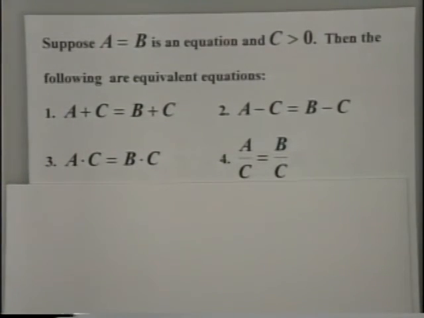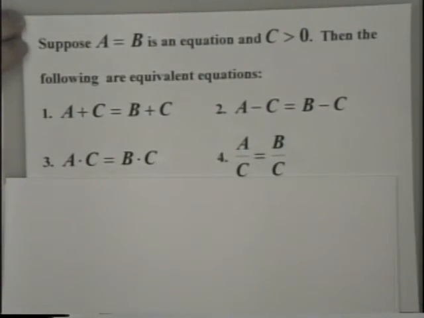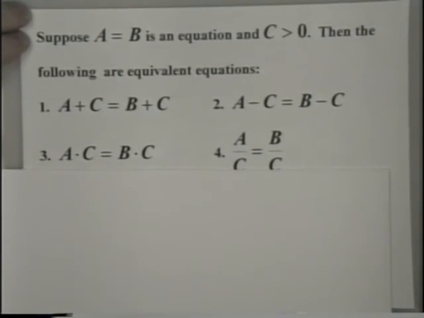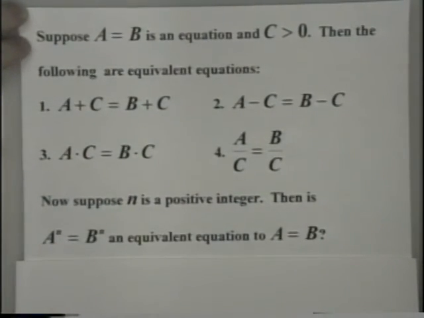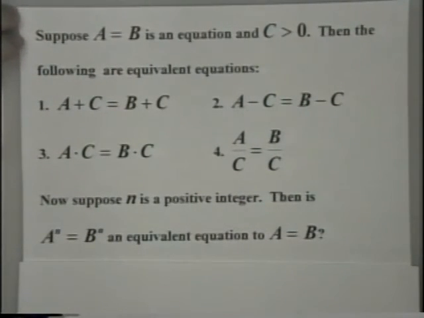But in order to deal with radical equations, we need to add one more property to our arsenal, and that is maybe this statement. Suppose n is a positive integer, then can we do this?